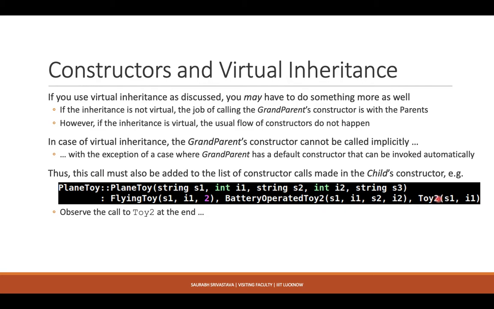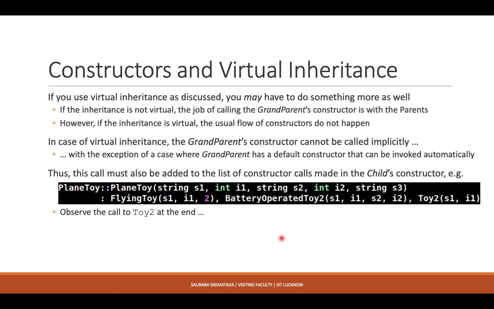So this is where you'll have to add one more call in your constructor's header, you can already see how complicated this header has become. So here I not just call flying toy and battery operated toy 2, I also need to call the toy 2 class's constructor, right? And all these parameters you have, something from here needs to be passed here as well.